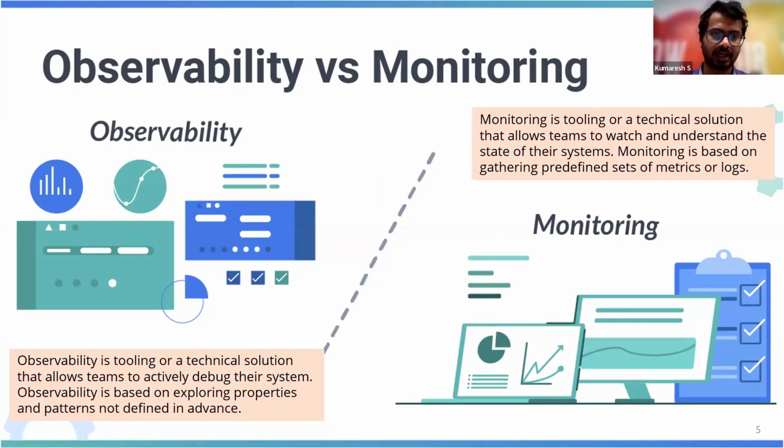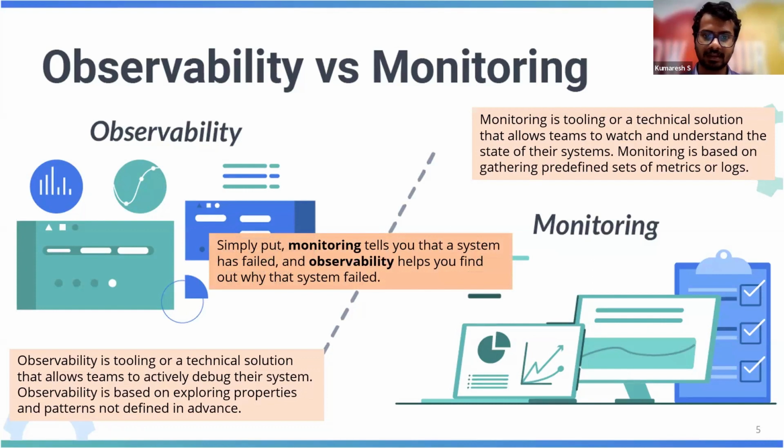It is more of a holistic view of your entire environment, where troubleshooting is enabled through the various data available. So in a nutshell, monitoring tells you that the system has failed, while observability helps you find out why the system has failed. And the latter has become more critical right now. Monitoring is a part of observability.